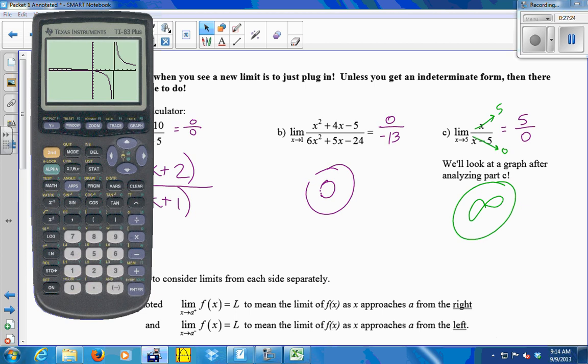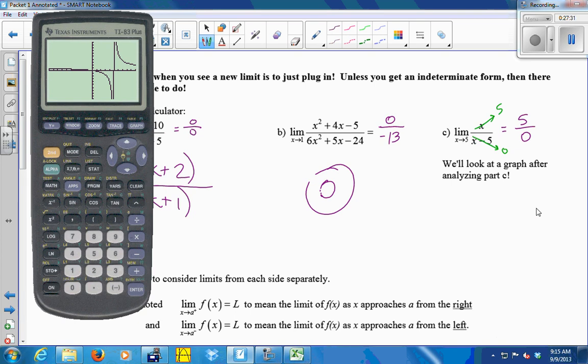So we should say this isn't necessarily infinity. We should say it does not exist. One side blows up, the other side goes down. Limits from the two sides are different, so you can't say that there is a single limit.